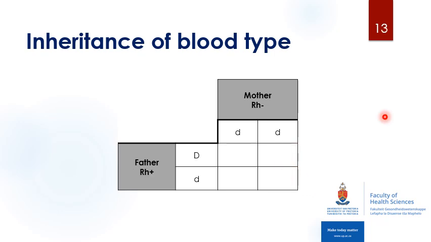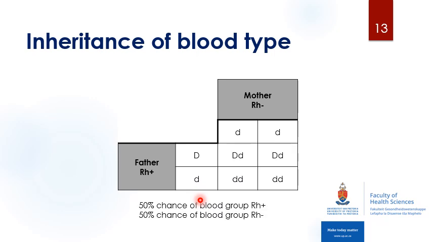So let's take a look at an example with the rhesus factor. In this example, the mother is rhesus factor negative, so she has 2 copies of the recessive phenotype. That's indicated by the small d. And the father is rhesus factor positive, so that's indicated by the capital D. So he carries that dominant phenotype for the rhesus factor, but he also carries 1 copy of the recessive phenotype.